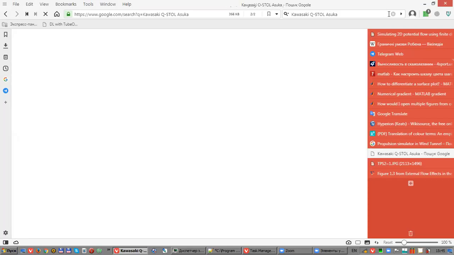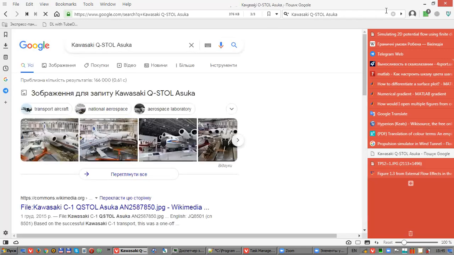And they put additional improvements in the aircraft configuration. Yes, only one of this aircraft was built.